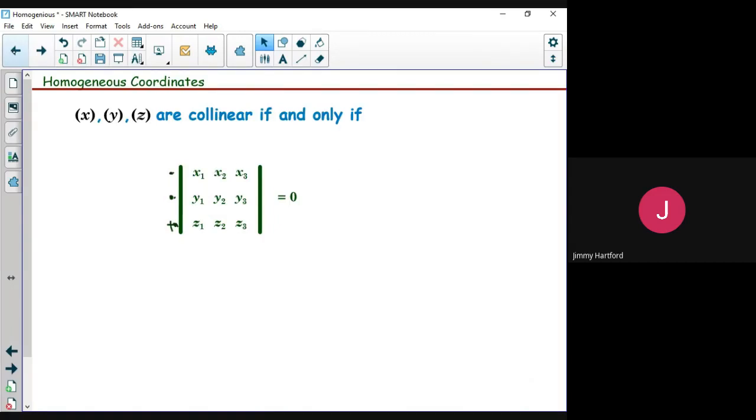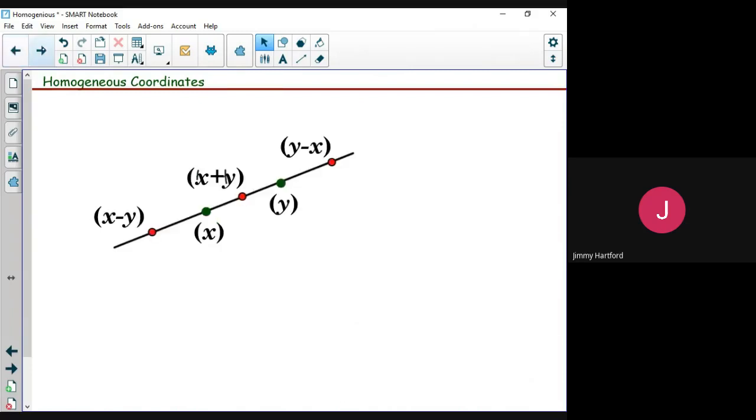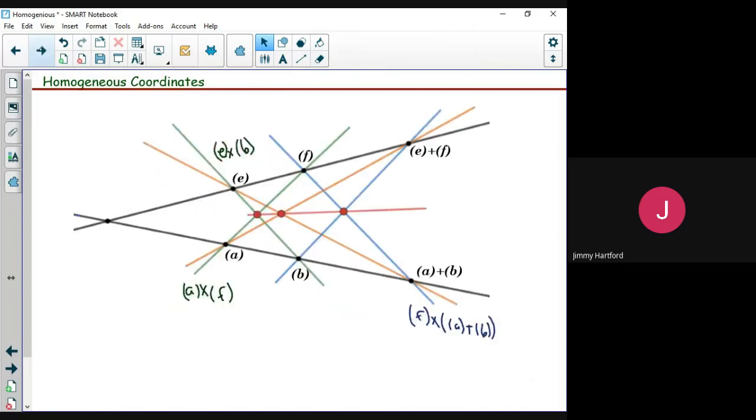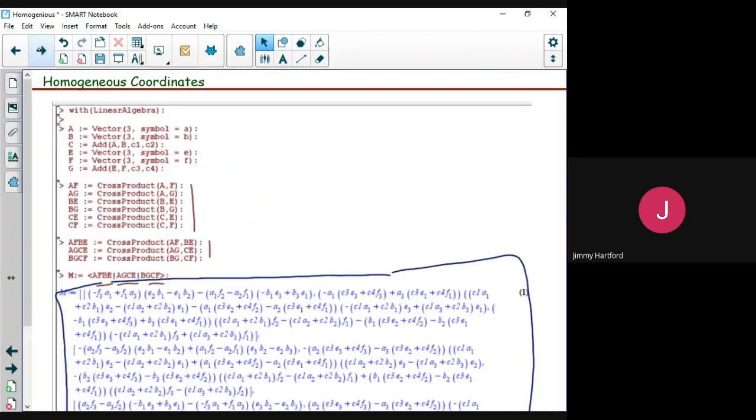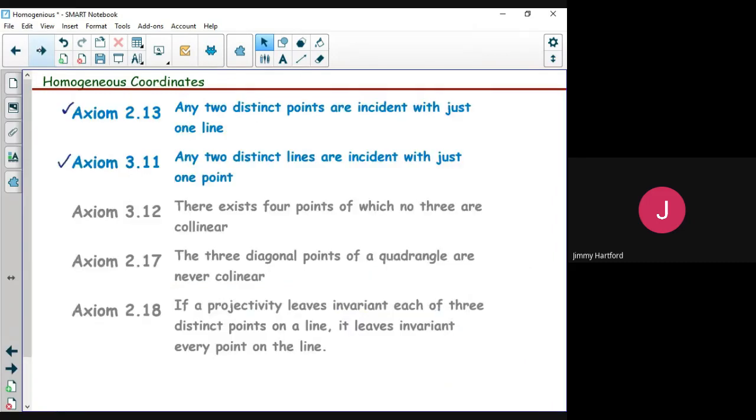If it's not 0, then they're not going to be collinear. We don't know much else about them, but they're not going to be lying on the same line. And that's an easy enough thing to do. So we can confirm that there are 3 points that are not collinear. So that gives us 3.1.2.